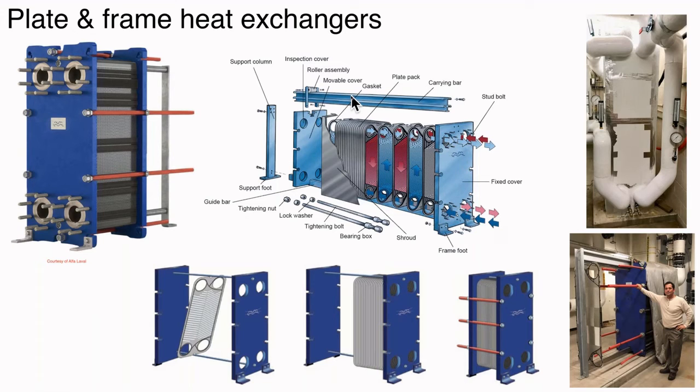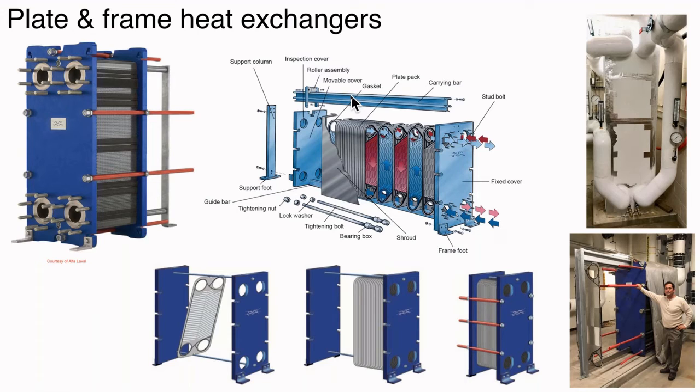And once we have the required number of plates hanging from the bar, the pressure plates, these are thick steel plates. And if you look at these photos here, you can see these are thick plates. Sometimes these are on the order of 1.5 inches, 2 inches thick, depending on the size of the heat exchanger and the pressure rating. These plates act as kind of the bread on the sandwich. You're going to push the plates together.